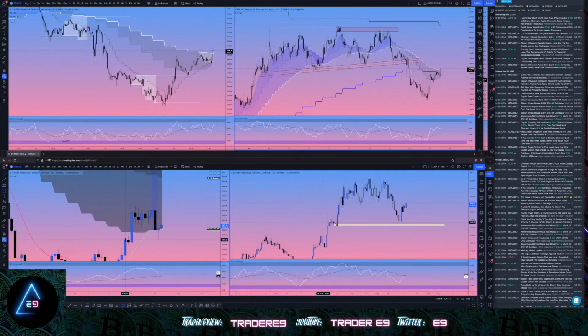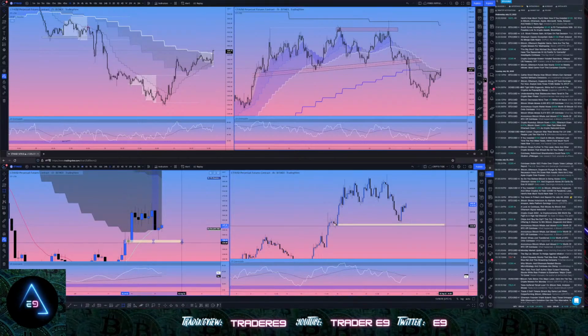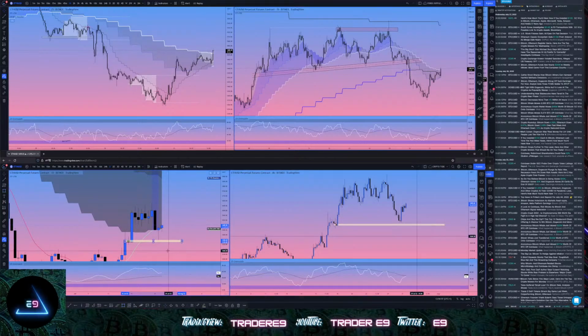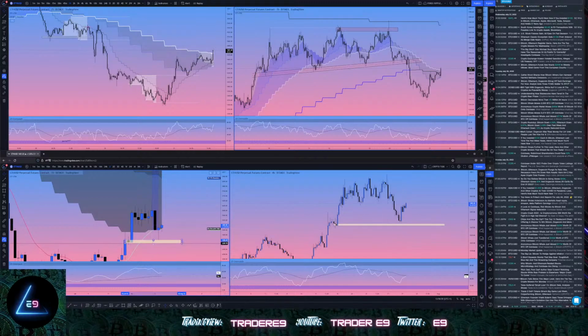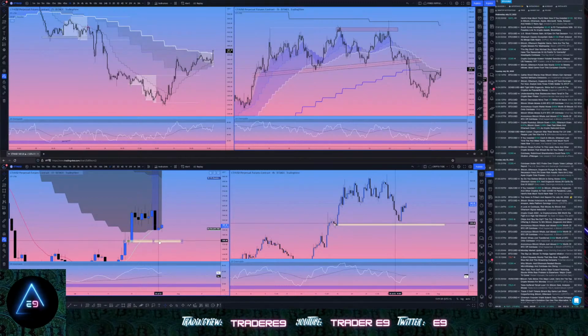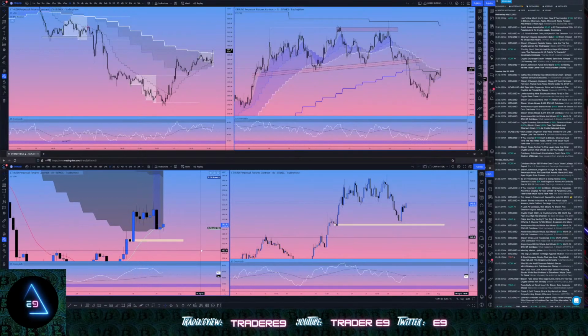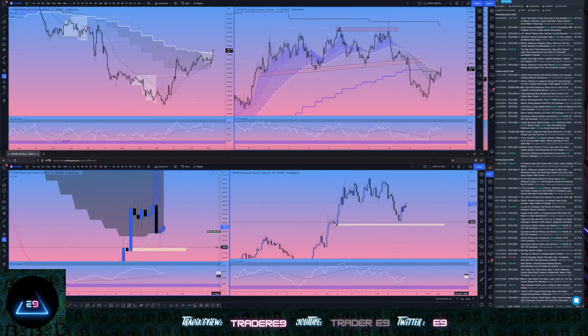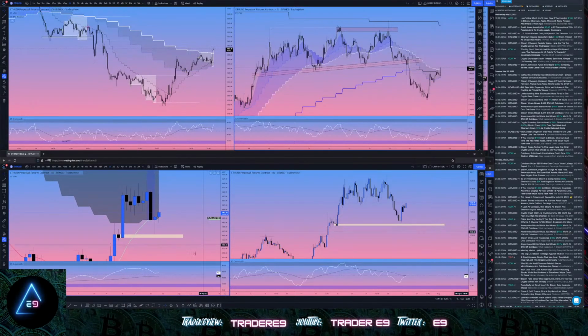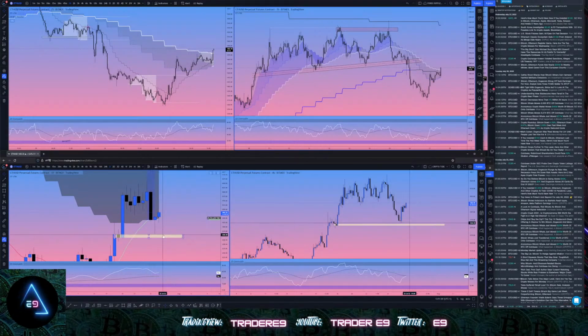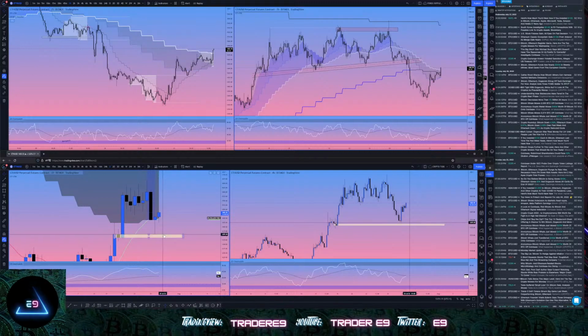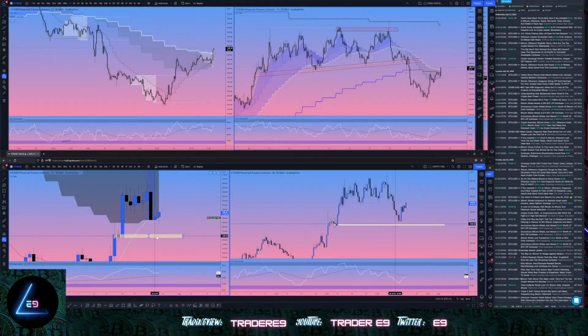Look, that daily area, same as Bitcoin. We have touched it literally to the pip. Mate, you know what? These markets are not giving away a pip. Look at that. It's literally touched it on the line.